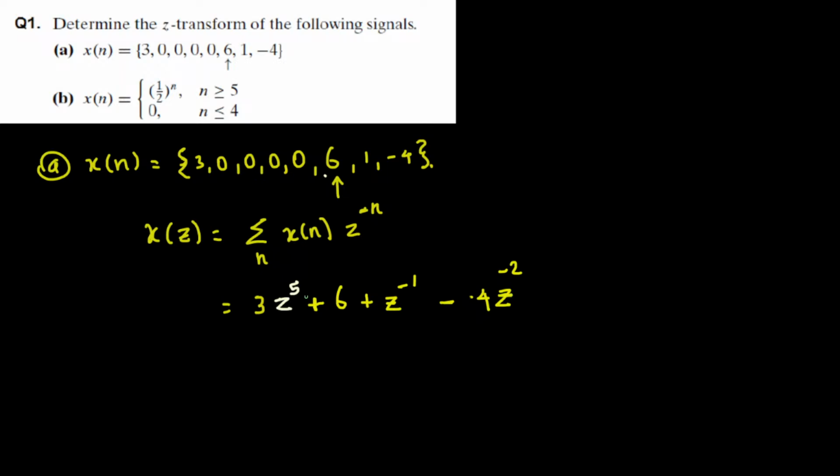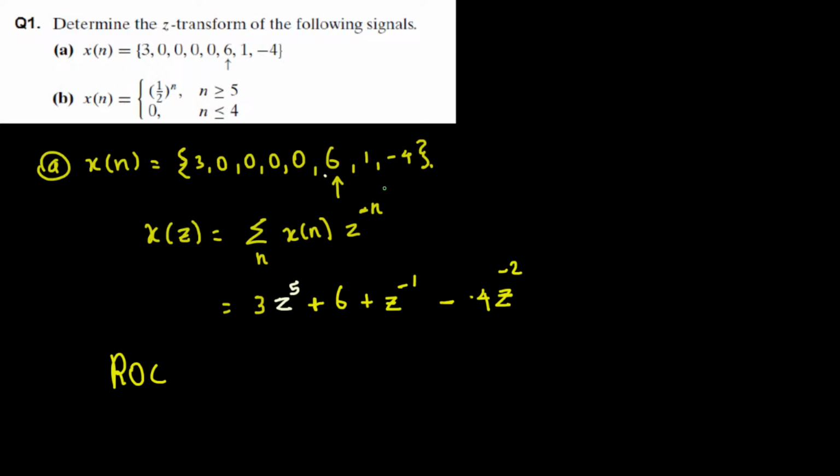This is our final answer for the A part of this question. And if they ask for the region of convergence, then the region of convergence of this one exists at the whole Z plane, except z is equal to 0 and z is equal to infinity.